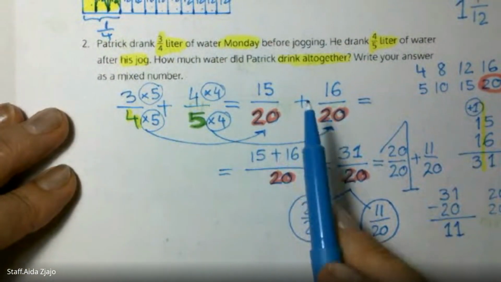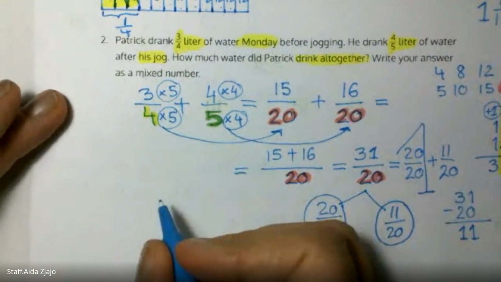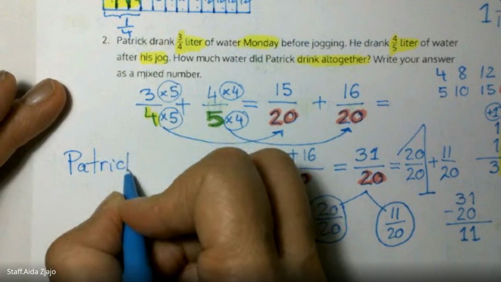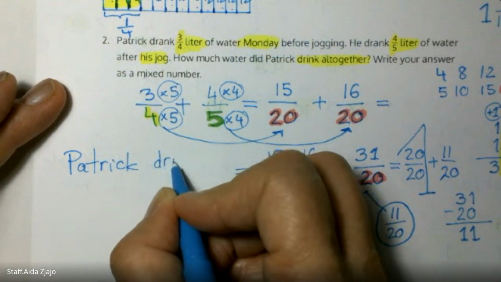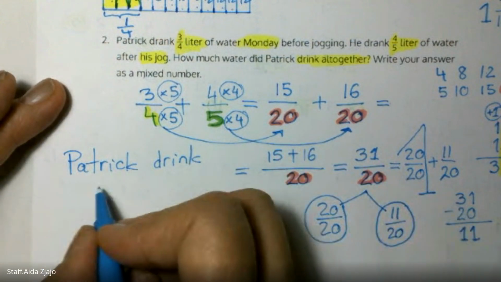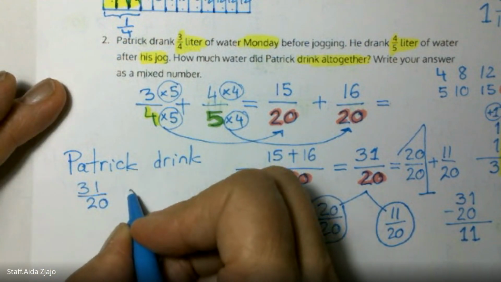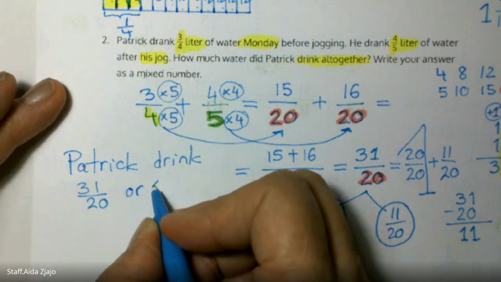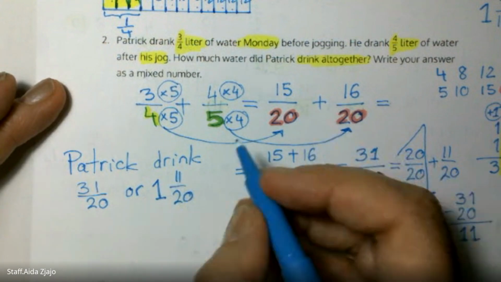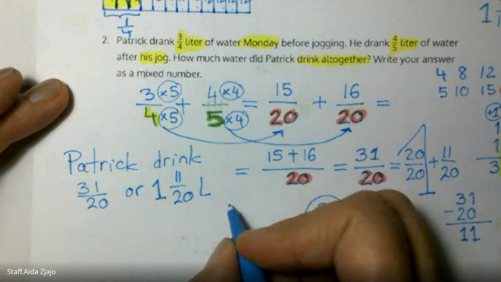How much water did Patrick drink all together? So Patrick drank 31/20 or 1 whole and 11/20 of a liter of water.